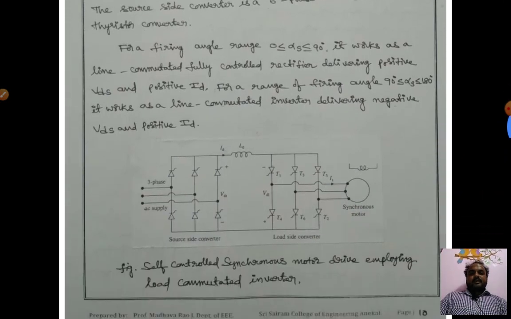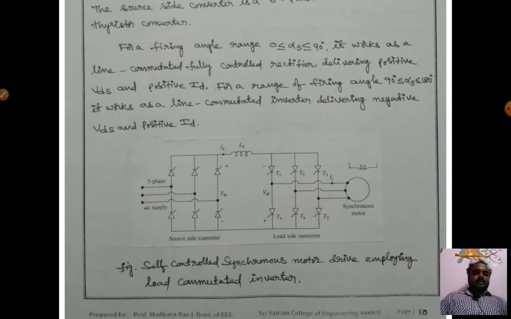A firing angle between 0 and 90 degrees works as a line commutated fully controlled rectifier delivering positive VDS. If the firing angle is between 90 and 180 degrees, it works as a line commutated inverter delivering negative VDS and positive ID.